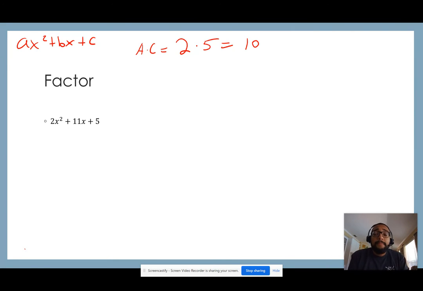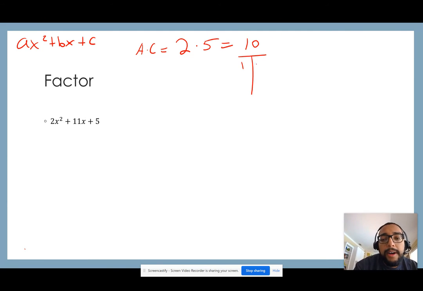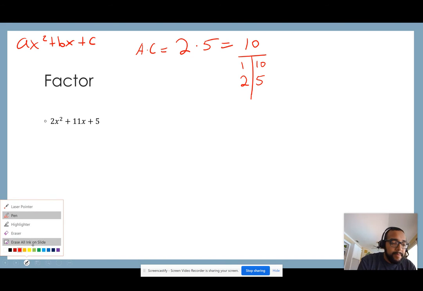That was part 1. Step 2, find the factors that multiply to be 10. Well, we know that 1 and 10 work, and 2 and 5 work. And that's it. 10 is a pretty nice number, isn't it? Sweet.